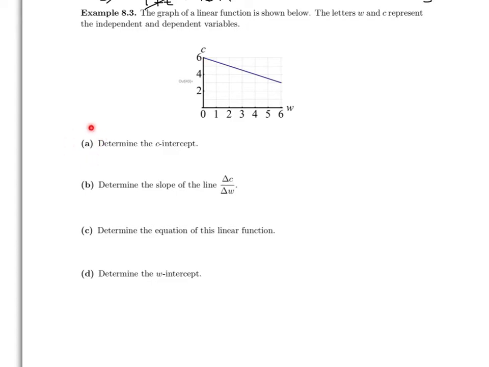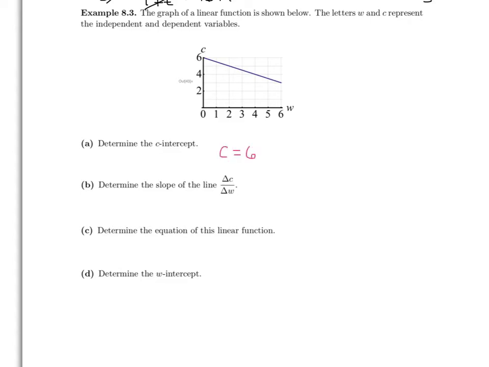Let's look at part A. Go ahead and determine the C-intercept. Well, when we're talking about a C-intercept, we're asking, where does the graph intersect the C-axis? Well, if we look at the graph, we can see that it intersects the C-axis at C equals 6. So that is the C-intercept.